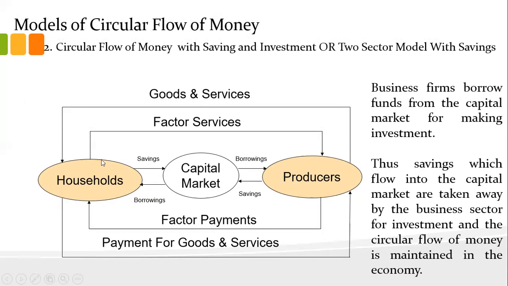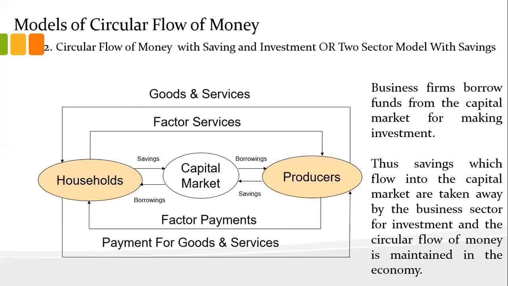Understand this point like this: if you have excess money after consumption and other expenditure, what do you do with that money? You save it in the capital market. If you are investing in a bank, the bank will use your savings to give loans to producers.